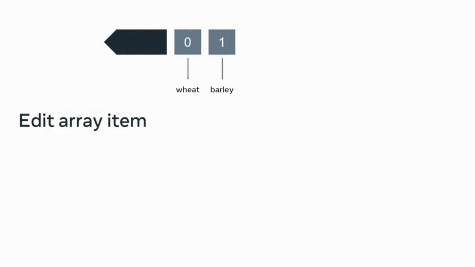Let's start with editing an array value, and to do that, you use the assignment operator. To edit the array item, you specify the item index value and then use the assignment operator to change its value. For example, if you have an array with 2 items, wheat and barley, and you want to change the value of the second item, you can have train1 and the index number 1 within square brackets, then equal, and sugar within double quotes.